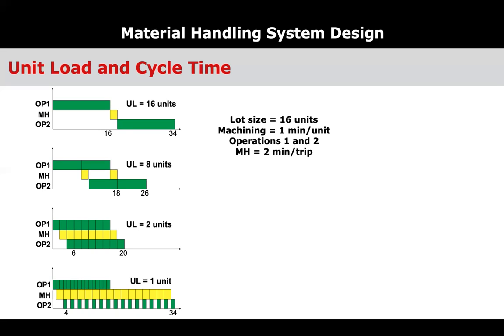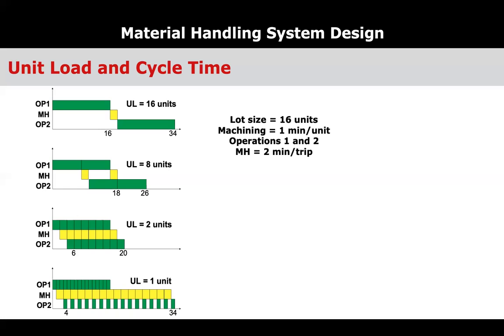The third scenario is a unit load of 2 units. In operation 1, you're doing 2 units at a time, material handling is 8 movements, and then operation 2 does 2 units at a time as well. So to process 16 units is 20 minutes.